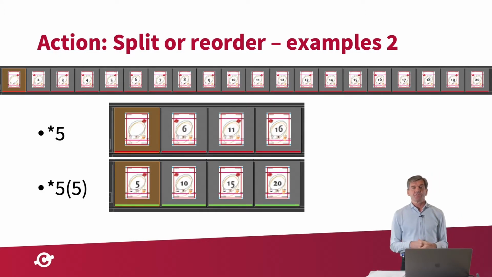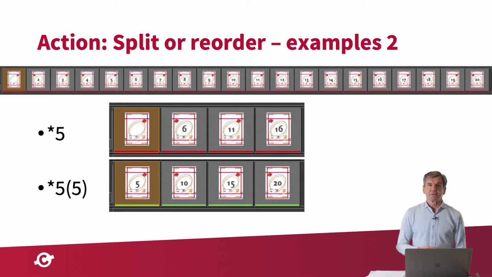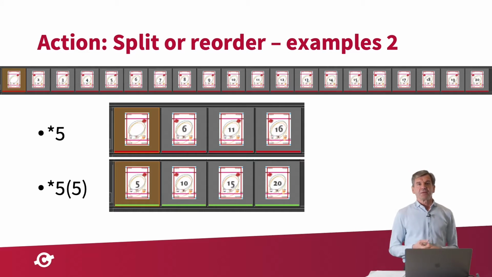Another example, we use our asterisk here, and as I've said, if we pick every 5th page, we get the 1st, the 6th, the 11th and the 16th page. This is not always intuitive, but if you think twice, yes, it is exactly what you get.